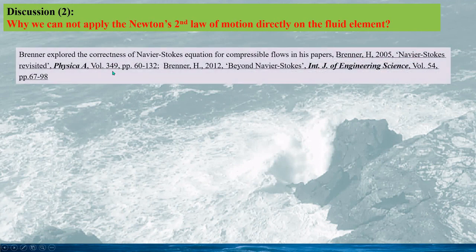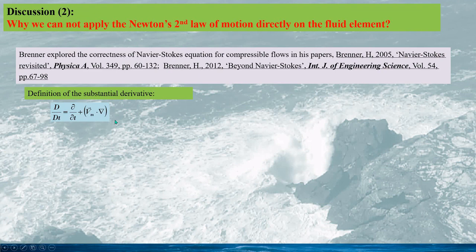In this slide, we will try to explain why we cannot use Newton's second law of motion directly on the fluid element. Howard Brenner explained the correctness of the Navier-Stokes equation for compressible flows in his papers in 2005, titled Navier-Stokes Revisited, and in 2012, titled Beyond Navier-Stokes.